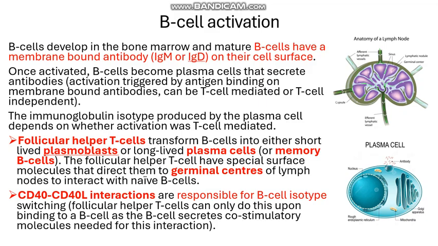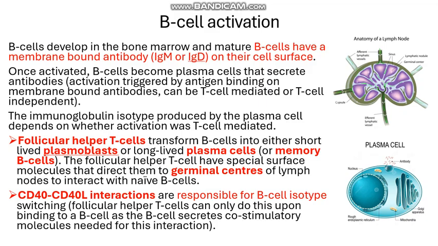If a T cell presents it an antigen on its T cell receptor, then we say it's T cell mediated maturation, and if it is picked up free floating in the body's tissues or extracellular fluid or blood, then we say it's T cell independent. This T cell dependency or independency is important to what kind of isotypes it can actually produce.